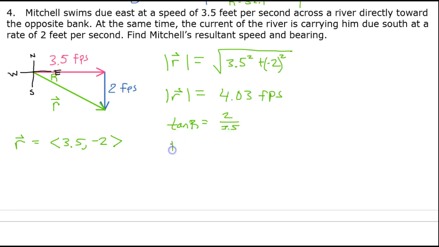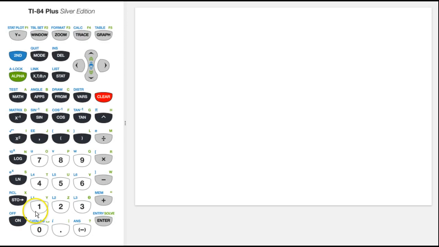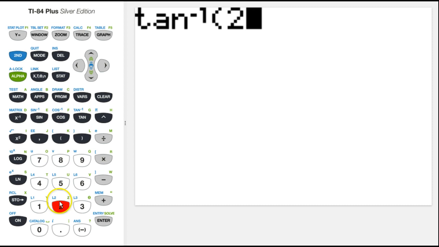If I wanted to find the measure of angle R, I would do the inverse tangent of 2 over 3.5. So let's do that.